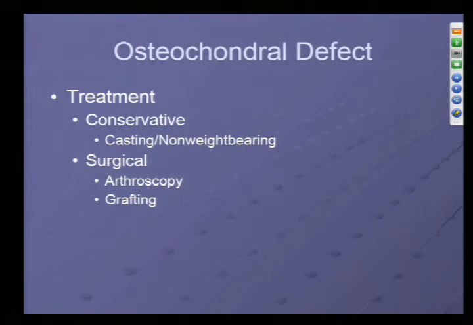And then again, treatment. If you're getting these acutely, they typically respond fairly well to casting and crutches. If you get them later and they're symptomatic, then often they need arthroscopy. The real large ones, sometimes you're grafting that area. There's some cartilage implantation that they can do as well.